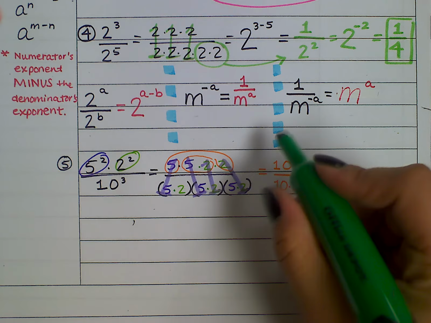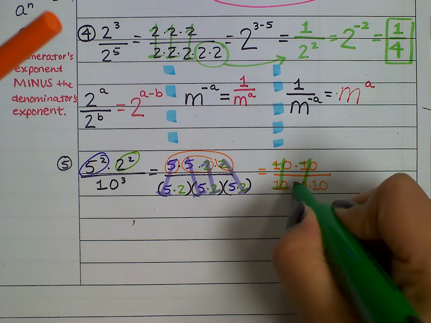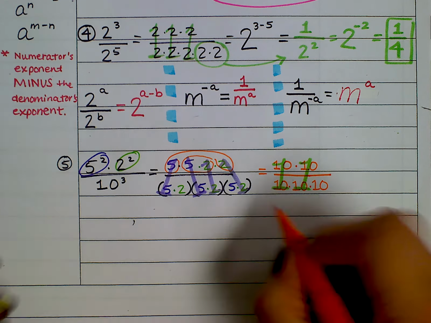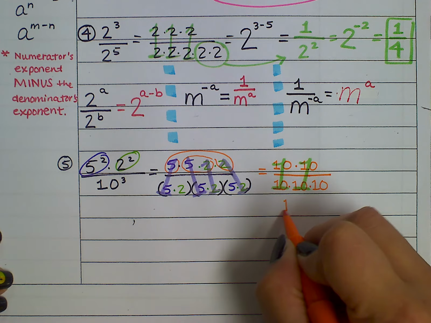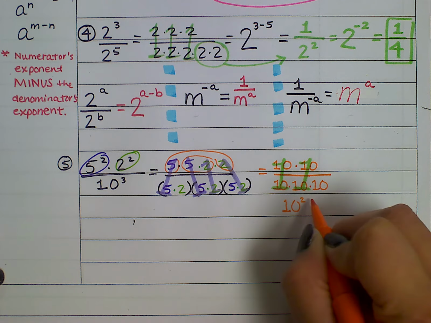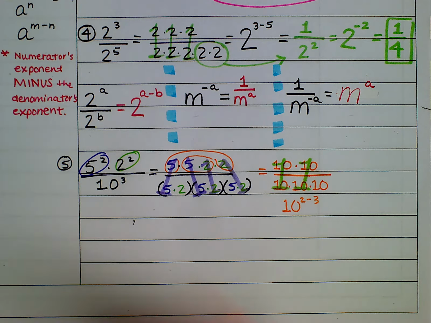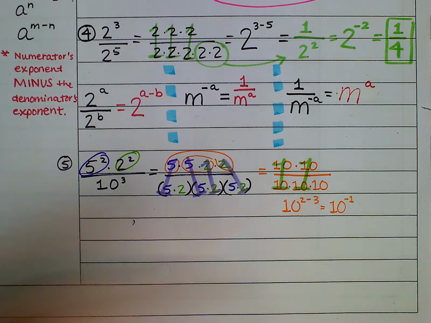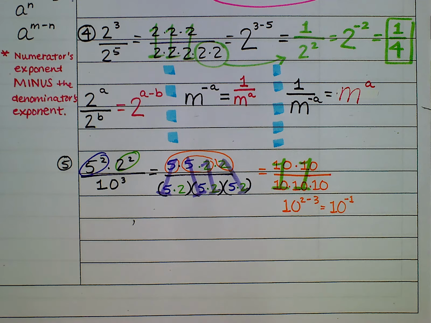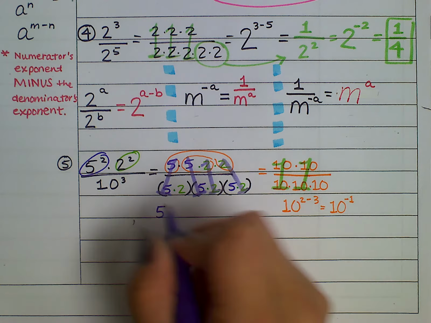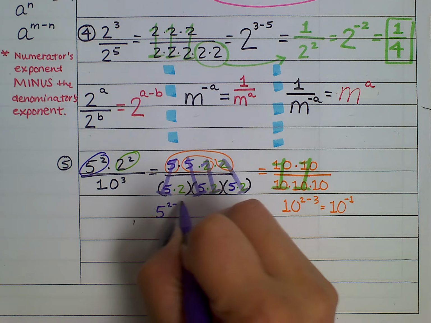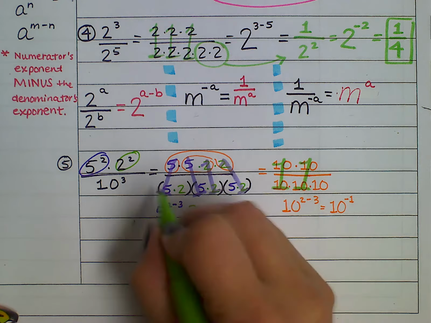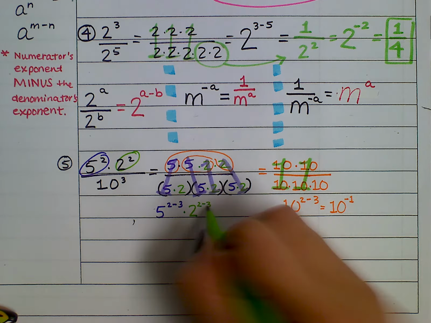I would have 10 over 10 and 10 over 10 reduced to 1. So I could have written 10 to the power of 2 minus 3, or I also could have had 5 to the power of 2 minus 3 and times 2 to the power of 2 minus 3.